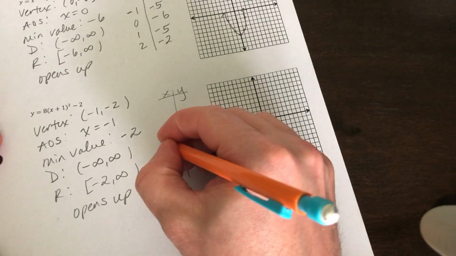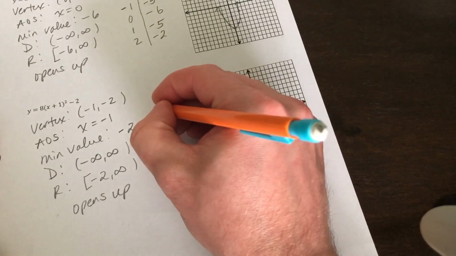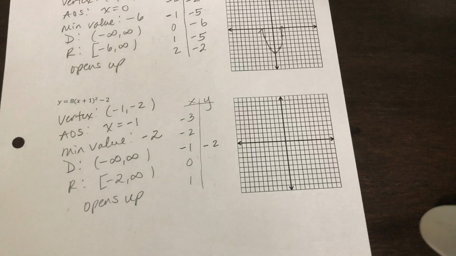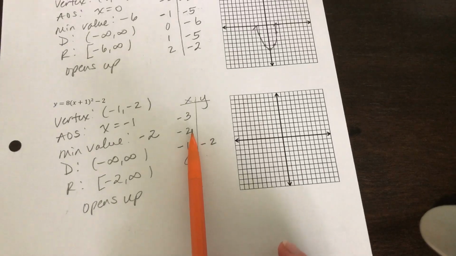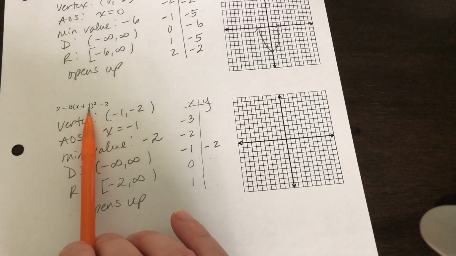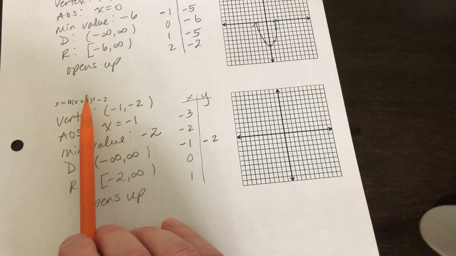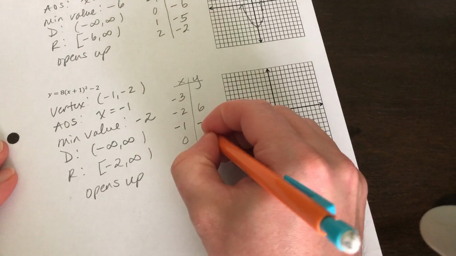Okay, so let's do -1, -2, and let's pick -2, -3, 0, 1, like that. So if I pick the point -2, so -2 plus 1 is -1. -1 squared is 1. 1 times 8 is 8. 8 minus 2 is 6.